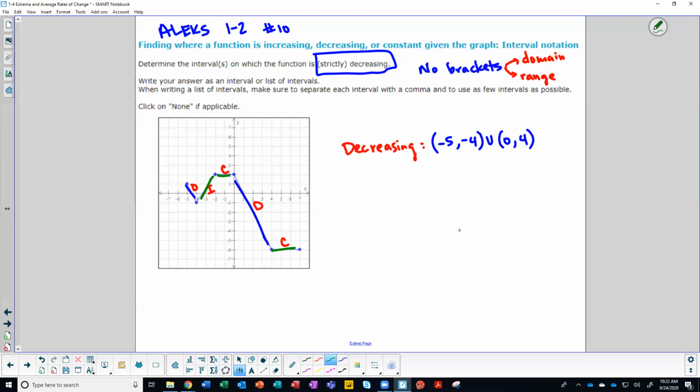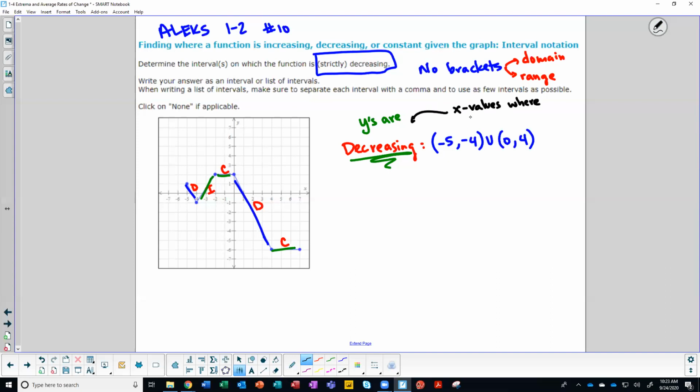So a lot of people get mixed up and they put the y values. But the fact that you're saying decreasing lets you know the y values are going smaller and smaller. So you don't have to list the y's because decreasing means that the y's are decreasing. These are the x values over here where y's are decreasing.